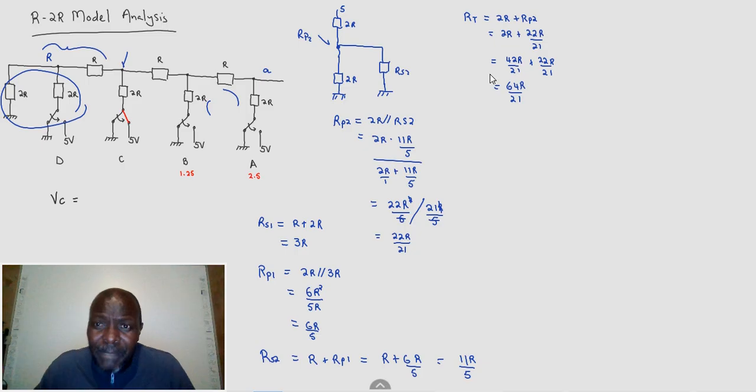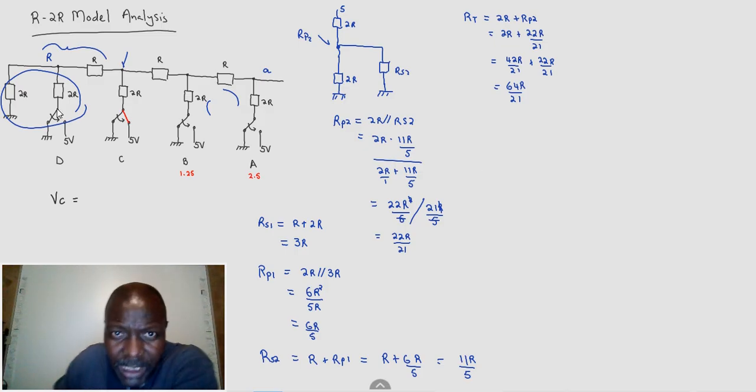No, 3 can't go in there. 7 can't go in there either. So I'll leave it as it is. I don't want any fractions or radix points, and I don't want to hunt for common factors now. I only see 3 and 7 here, and 3 and 7 cannot go into 64. So I'll leave it as it is.